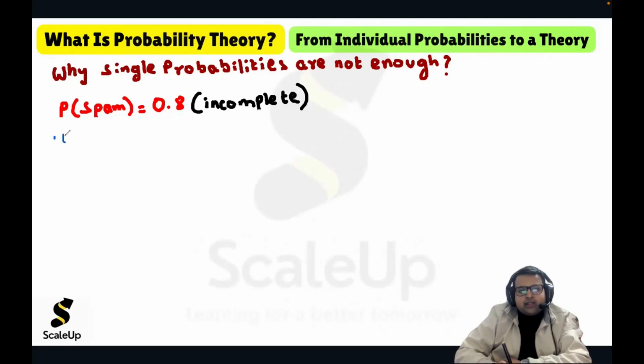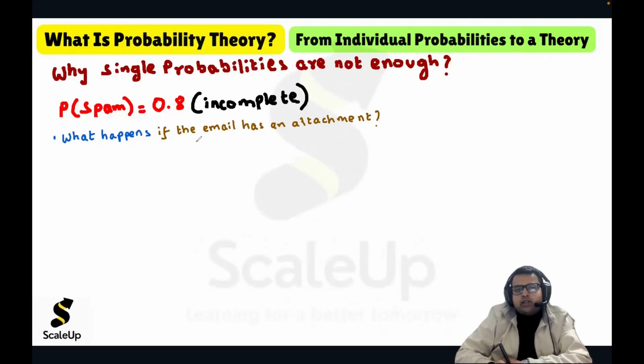For example, we are not considering what happens if the email has an attachment, because an email with an attachment will definitely influence and alter this probability.